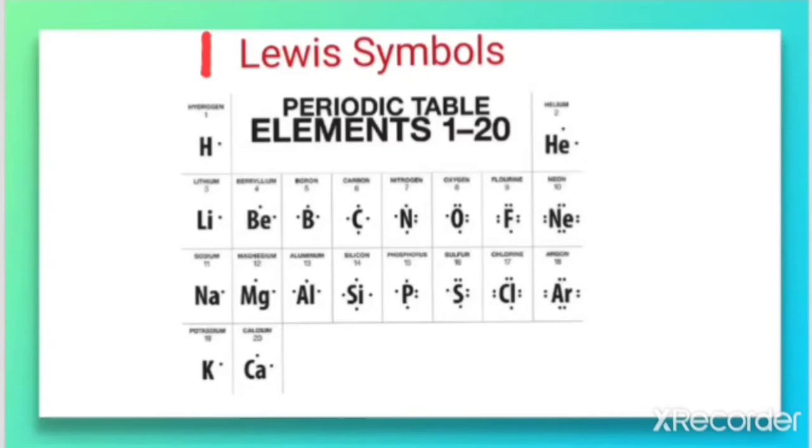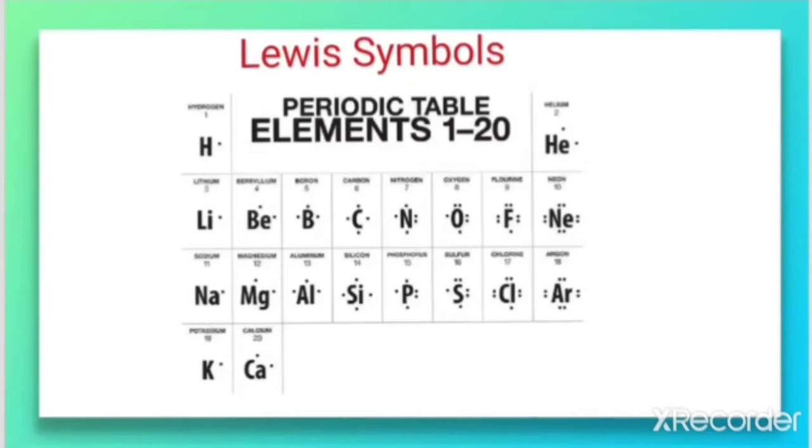Therefore, single dots are there, in the case of lithium, sodium, potassium. The elements of the second group have 2 valence electrons. Therefore, 2 dots are made here, in the case of beryllium, magnesium, calcium. So the Lewis symbols are actually the symbol of the element with some dots. These dots are the valence electrons, that is, the electrons present in the outermost shell.